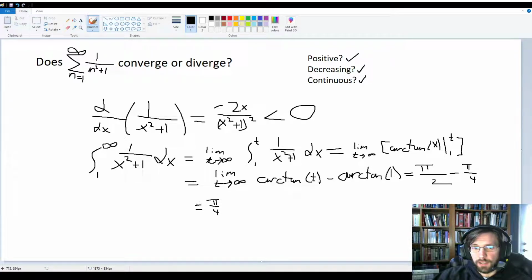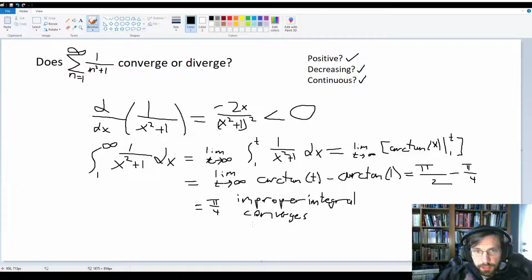Okay, so the fact that we got a number out means that the improper integral converges. So we'll say the improper integral converges.